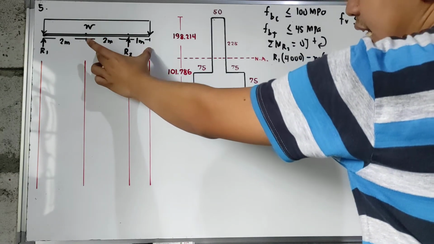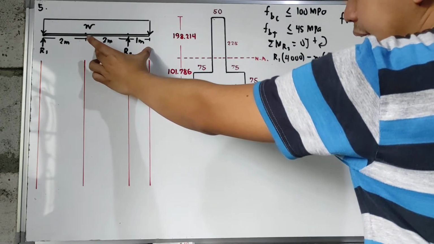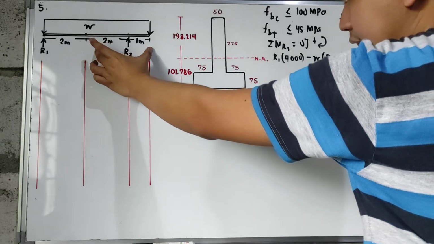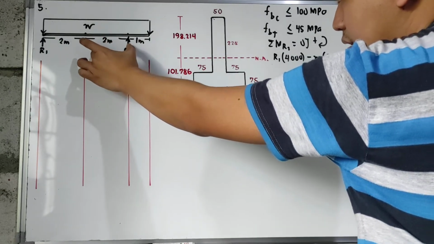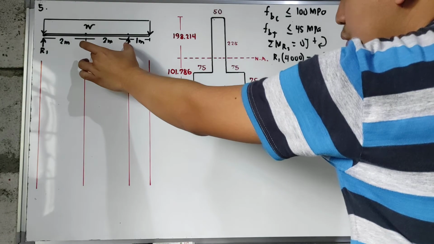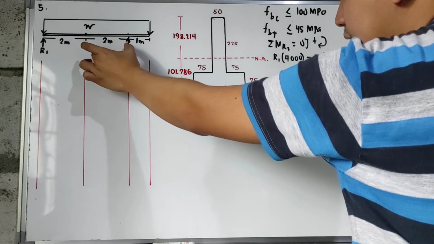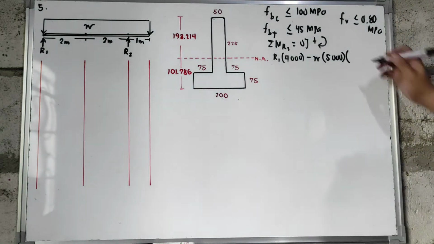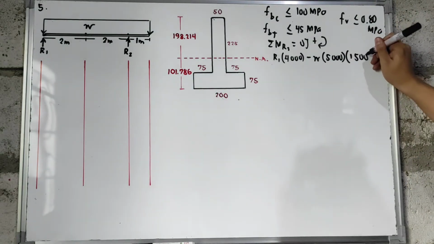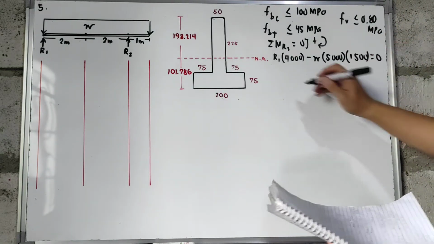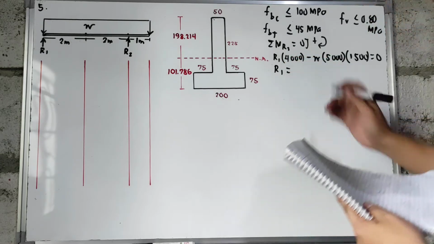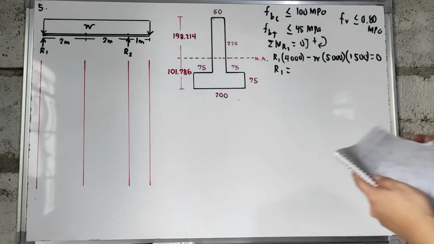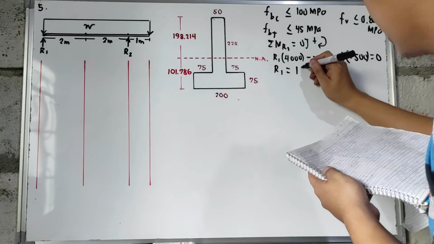So yung kalahati ng 5 natin, that is 2,500 minus natin yung 1,000. So yung distance nung uniformly distributed load natin with respect to R2, that is equal to 1,500 is equal to 0. So the value of your R1 is now equal to 1,875 W.